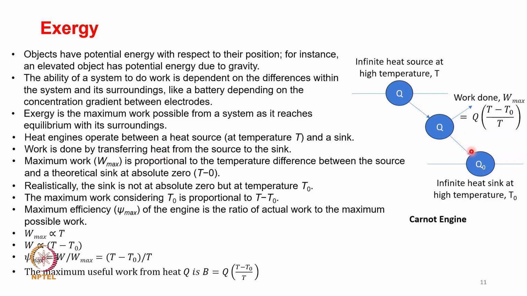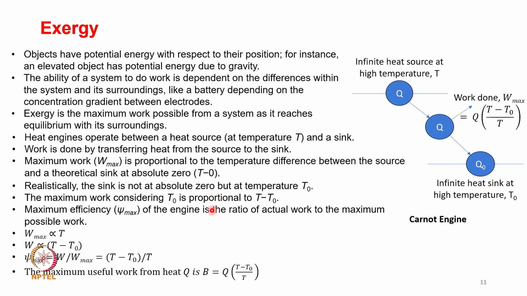And work is typically done by transferring heat from the source to the sink. The maximum work of course is proportional to the difference between the source and the theoretical sink at absolute zero. But realistically the sink is not at absolute zero, but of course is at a temperature T naught. So the maximum work considering the T naught would be proportional to T minus T naught.